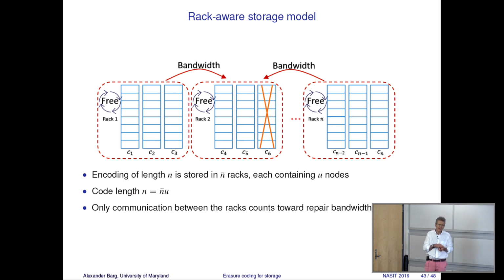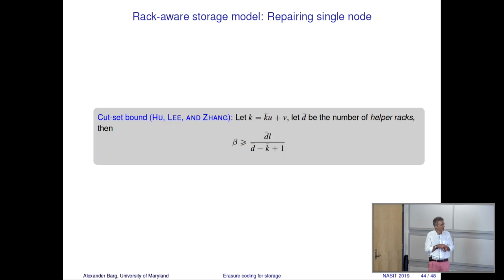And then again, the cut-set bound is possible, and the repair scheme, optimal repair, all of this can be done. This is the cut-set bound, where D bar here is the number of helper racks now, not the helper nodes, but those wardrobes that communicate information as a single unit. And so on and so forth.